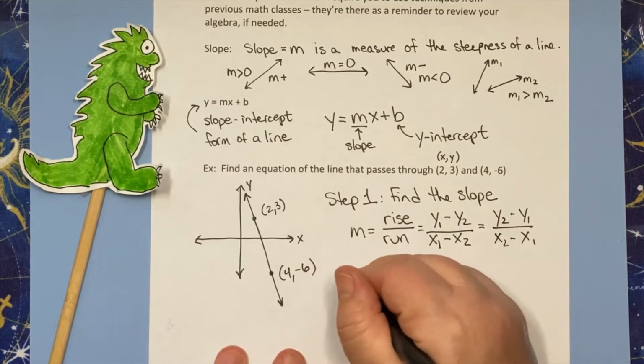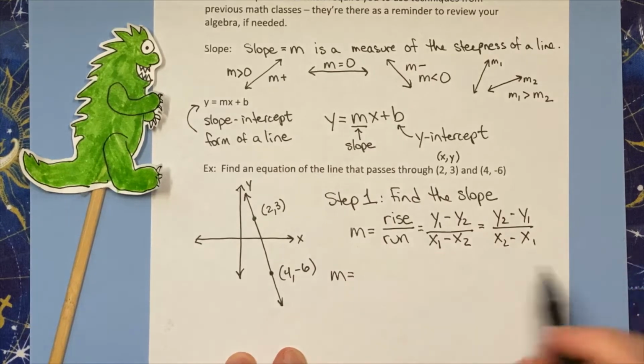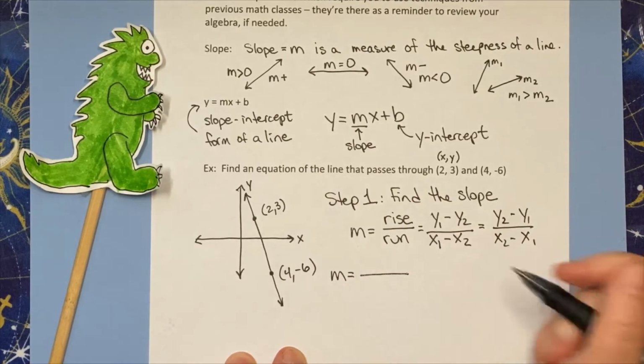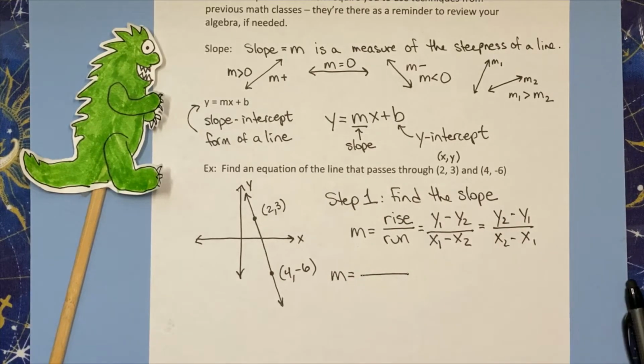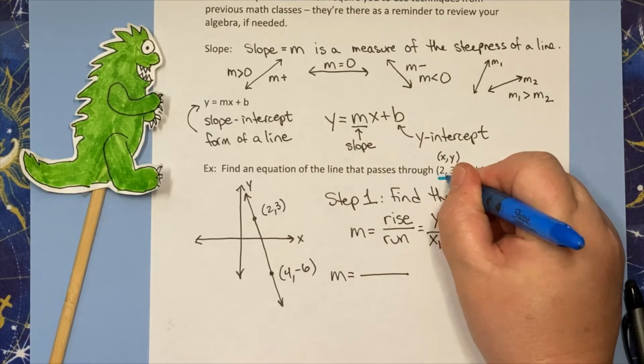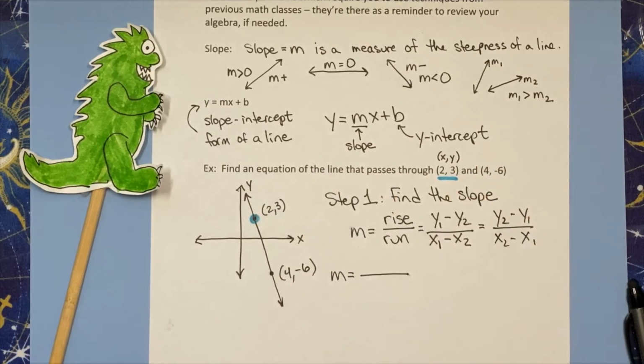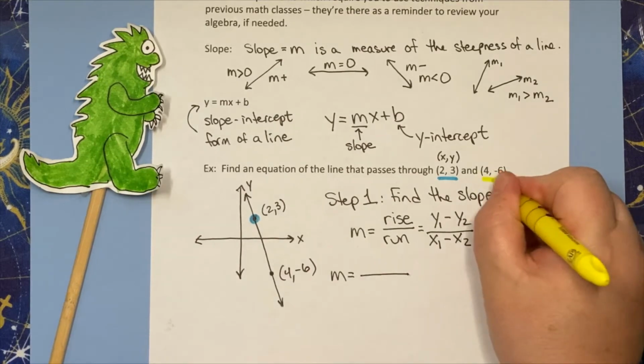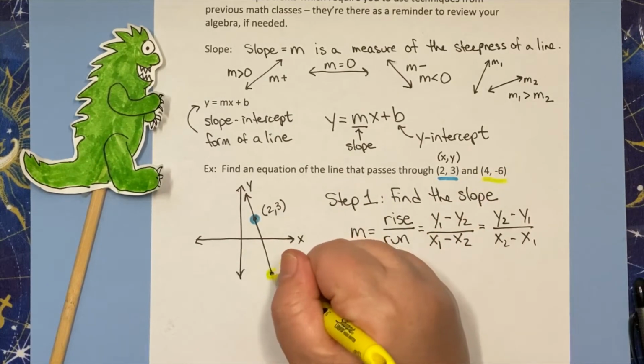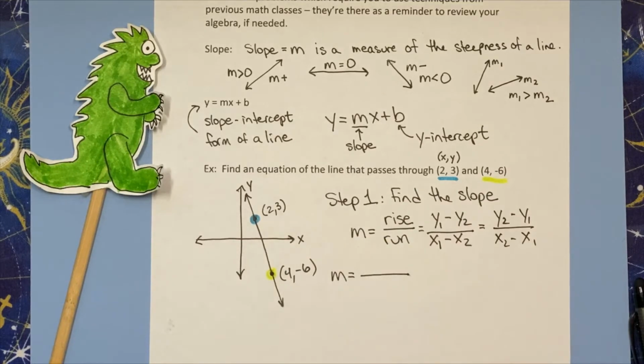So in our case, I have to pick one of the y's and one of the x's. Let me go ahead and color code this. (2, 3) will be this point, just so we can keep track of the difference, so you can watch how everything interacts. There we go. (4, -6) is down there. So I have to pick one of the y values.